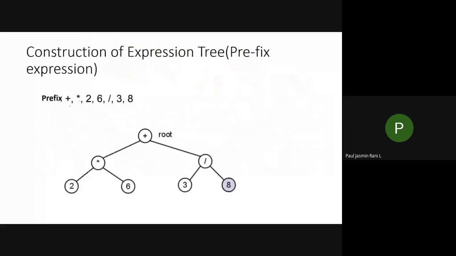In the prefix expression you have to visit from left to right. Just the opposite of your postfix expression. That is, you have to take your input symbols from left to right. This way you have to take.